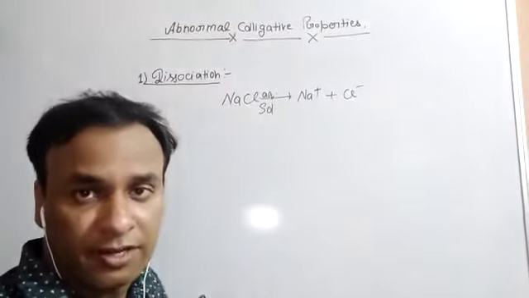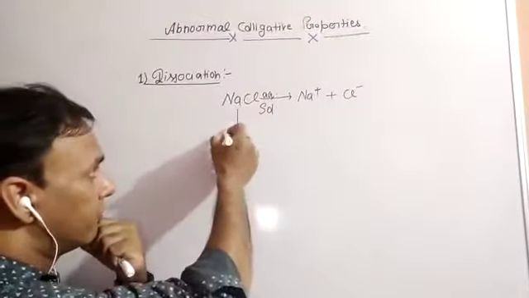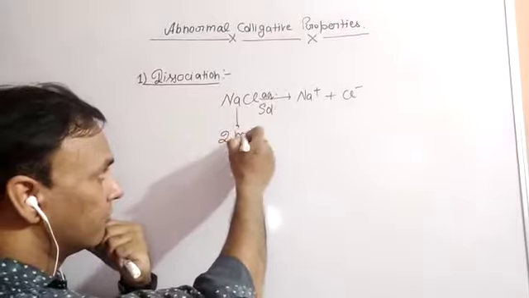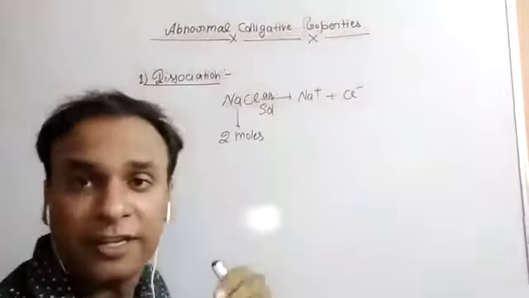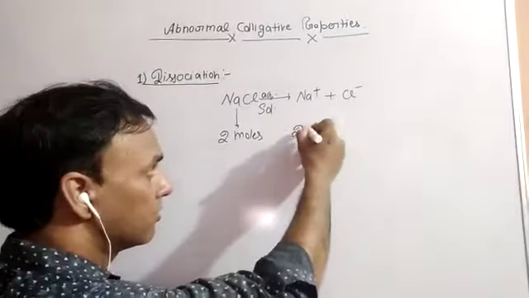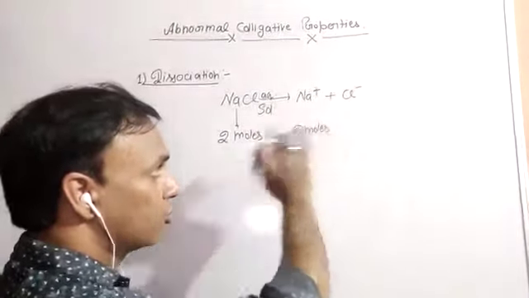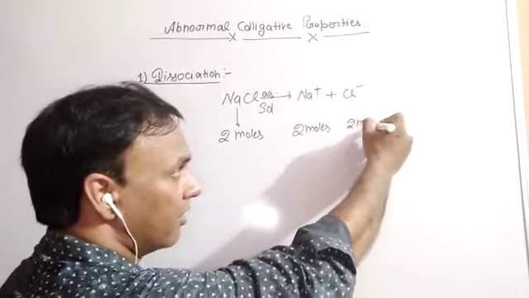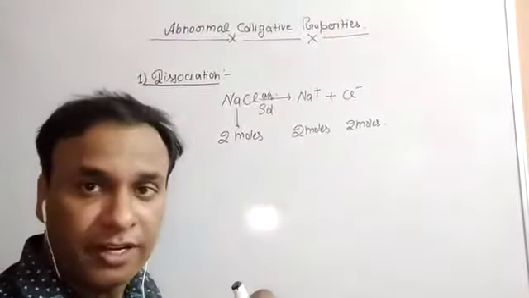Clear? Suppose that 2 moles of sodium chloride is taken in aqueous solution, which gives 2 moles of sodium ion and similarly 2 moles of chloride ion.